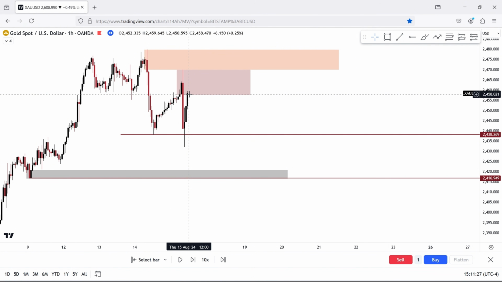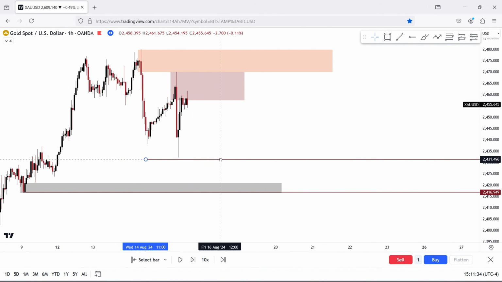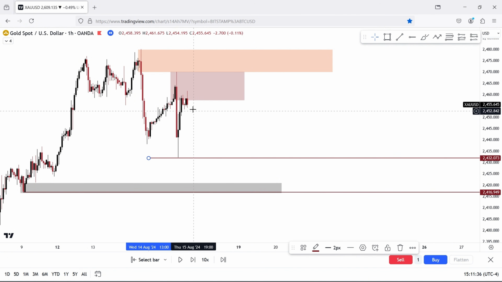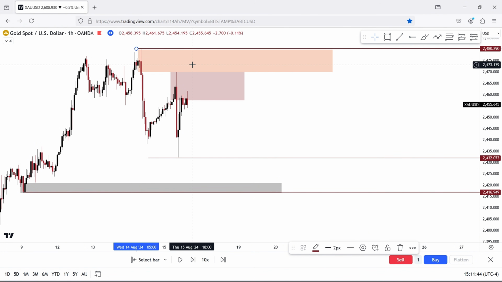Price reached this level. Now either price rejects from this level and targets this liquidity. If you don't see a significant rejection and you start seeing higher highs, then you can say price is targeting this level right here. Why this level? Because you have clean traffic right above.